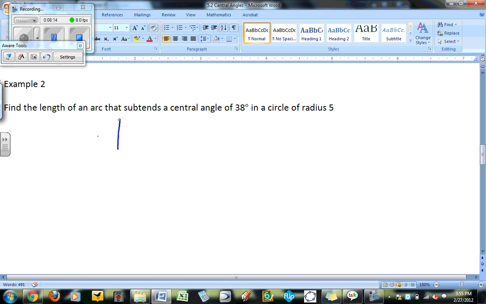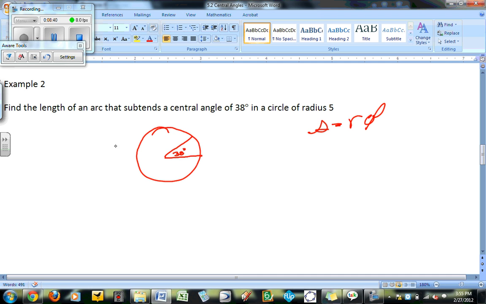So now I have a circle here. Well, that wasn't a very good circle. I was going to draw the x and y-axis, but we don't need it. So I have a circle, and we have a central angle of 38 degrees. In order to find my arc length, S equals R theta, and theta has to be in radians.